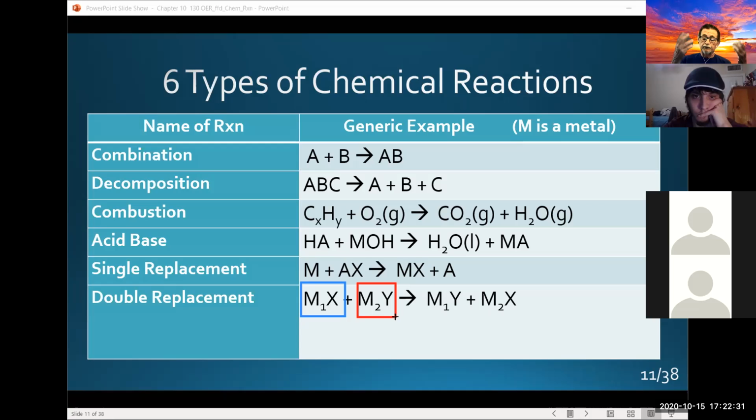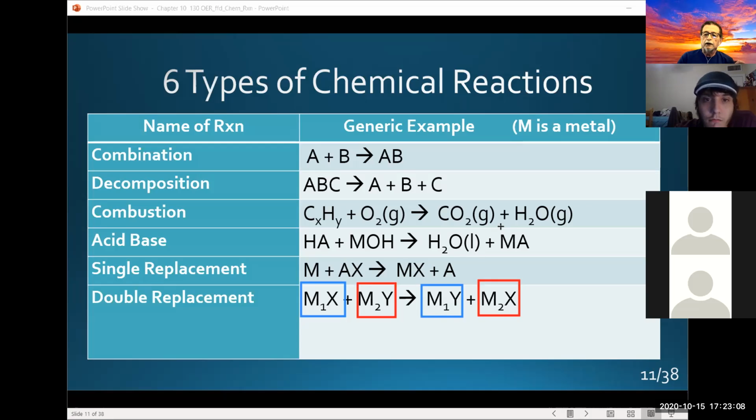So they're clear. Most of them are clear, may have a little bit of color, but they're soluble. Okay. Now, you mix the two, and what happens is the anions switch partners. So M1, who was first with X, now is with Y. And M2, that was with Y, now I'm going to keep the colors for the metals the same. It's an exchange.